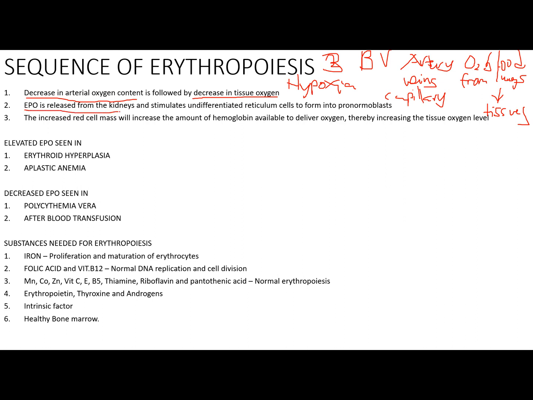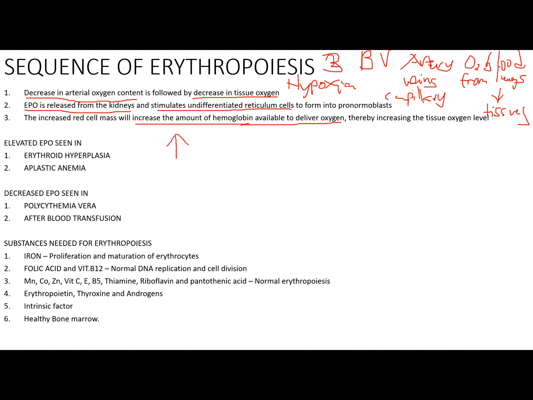EPO would be released from the kidney and would stimulate undifferentiated reticulum cells to form into pro-normoblasts. The increased red cell mass will increase the amount of hemoglobin available to deliver the oxygen. So ganito yan, class, to simplify this third statement.